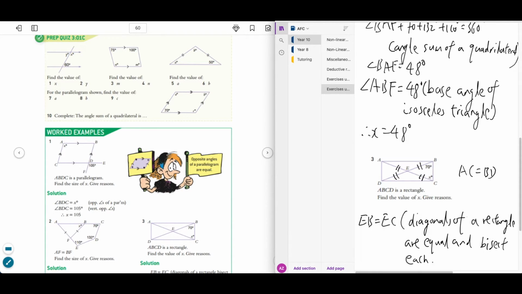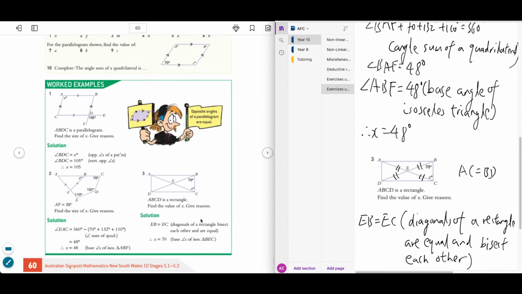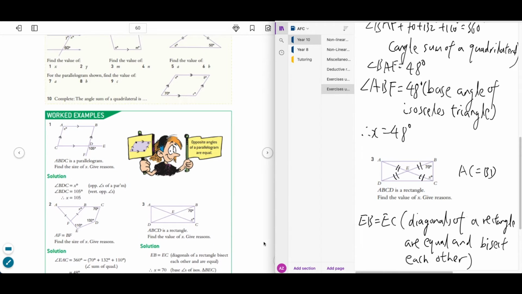So it's a pretty long and funky reason, but this is enough to show the marker that EB and EC are equal. And what they say here is pretty much the same. Diagonals of rectangle bisect each other and are equal.